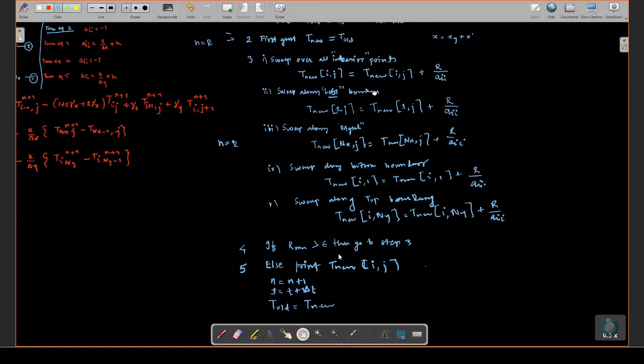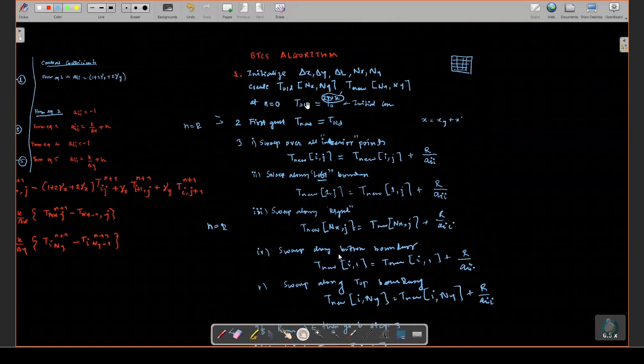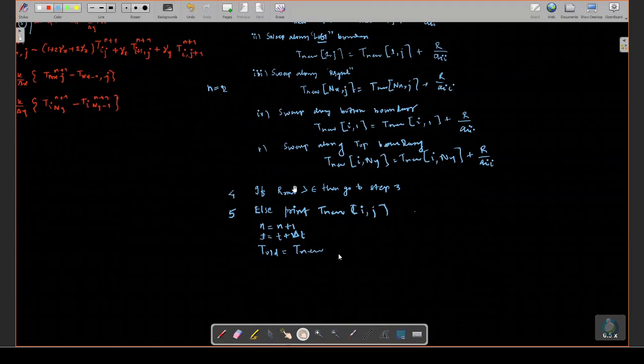Now the initial condition has no role. Initially it was given, but now it is the previous time value. So for n = 2 it will be n1, for n = 3 it will be n2, like that. So T old is equal to T new has to be done, and you stop.